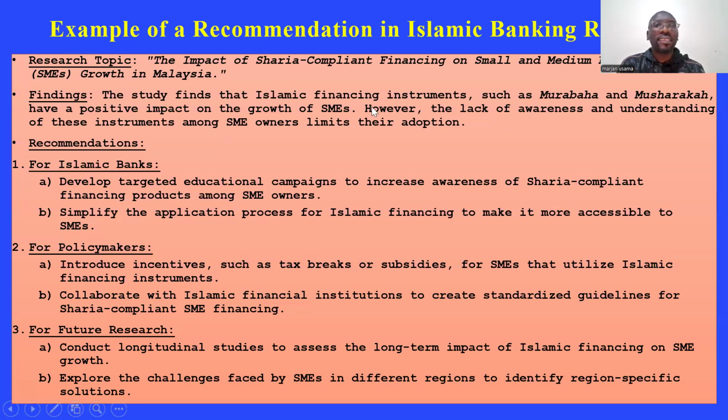The study finds that Islamic financing instruments such as Murabaha and Musharaka have a positive impact on the growth of small and medium enterprises. However, the lack of awareness and understanding of these instruments among the small and medium enterprise owners limits their adoption. Now, this is the most important part, the recommendation.